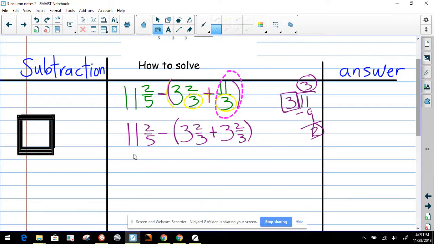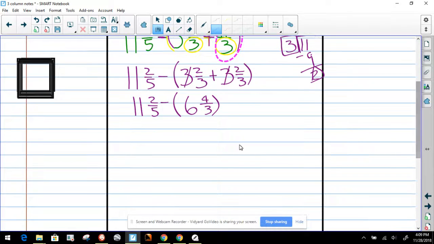Now, we rewrite the problem. It's 11 and 2 fifths minus the total of this. That's 3 plus 3 equals 6. And 2 thirds plus 2 thirds equals 4 thirds, which is an improper fraction, so it's going to change the 6 to 7. I'm going to show you why. 4 divided by 3. The 3 goes into the 4 once. 1 times 3 equals 3, and the remainder is 1.